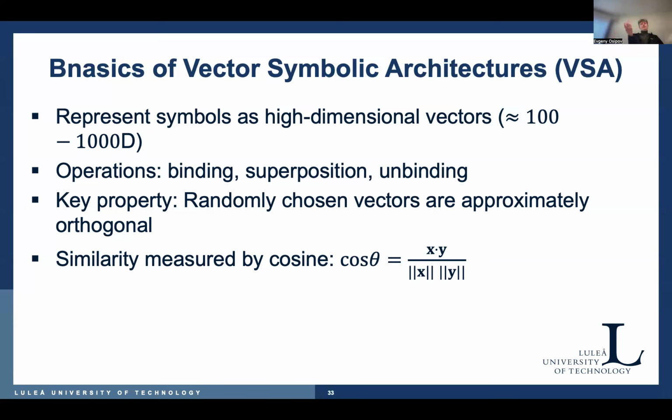Now, if we operate in this many-dimensional space and you want to generate symbols, you just randomly generate a vector. There are mathematical theorems that say that in very high dimensionalities, and that's why we work with high dimensionalities, two randomly generated vectors will be dissimilar with very high probability, 99%.